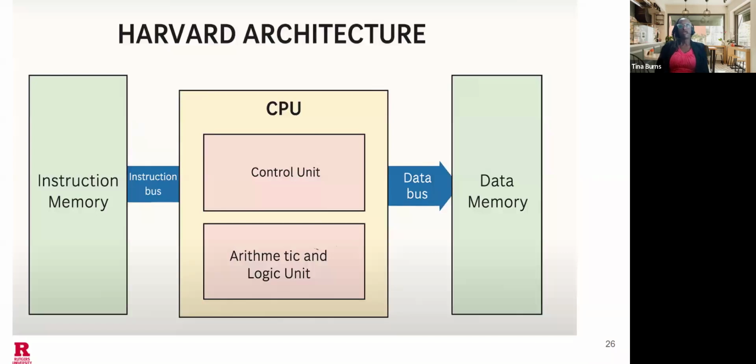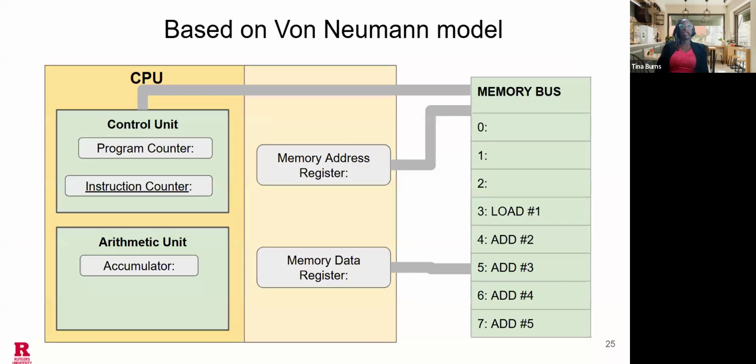That means I can access the memory bus for the instruction while I'm also doing something different on the data memory bus, which will reduce some of the pipelining control hazards that you would see if you're just using one memory bus for both. So the Harvard architecture will reduce some of those challenges, whereas with the von Neumann, you're going to see more of those because you're using one bus for both the instructions and the data.